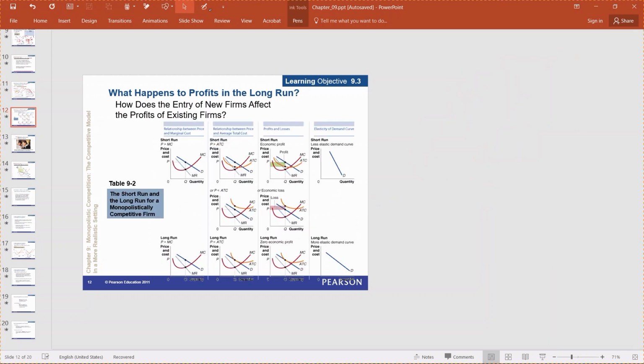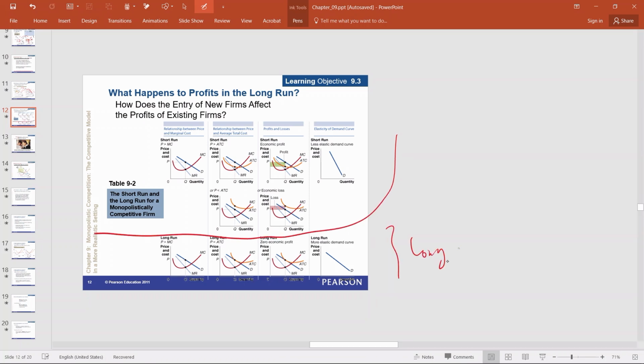Okay, here I want to divide this. So here is the long run, and here is the short run. So you notice that this demand curve is a bit sharp, and this demand curve is a bit flattened. And here is the situation in the short run where the company makes profits, as you see.